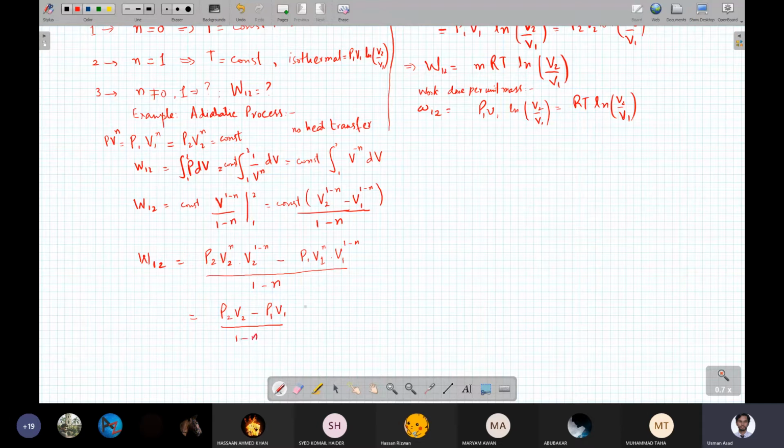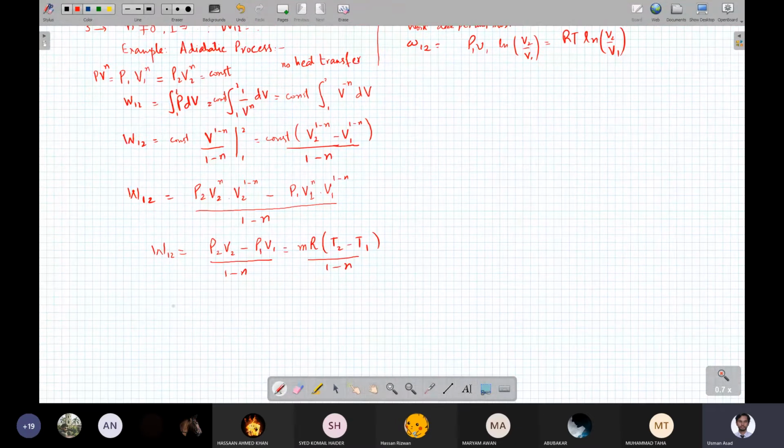Okay? And you can think, all these things we discussed 2 minutes ago, these also apply here, which means you can replace this by mR times T2 minus T1 divided by 1 minus n. You can replace p1 v1 by mRT1 and p2 v2 by mRT2. And then you could also say that if we are talking about the work done per unit mass, so a small w, right?